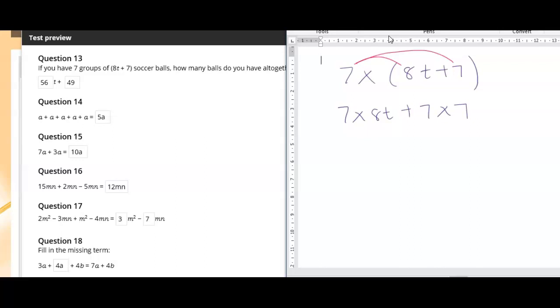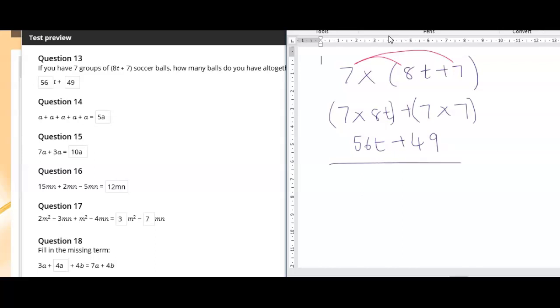Now, I didn't put anything in brackets because we're working with positive numbers. If you wanted to, because you need to use BODMAS to do the multiply first, you can use brackets there. So 7 times 8t gives you 56t, plus 7 times 7 is 49.